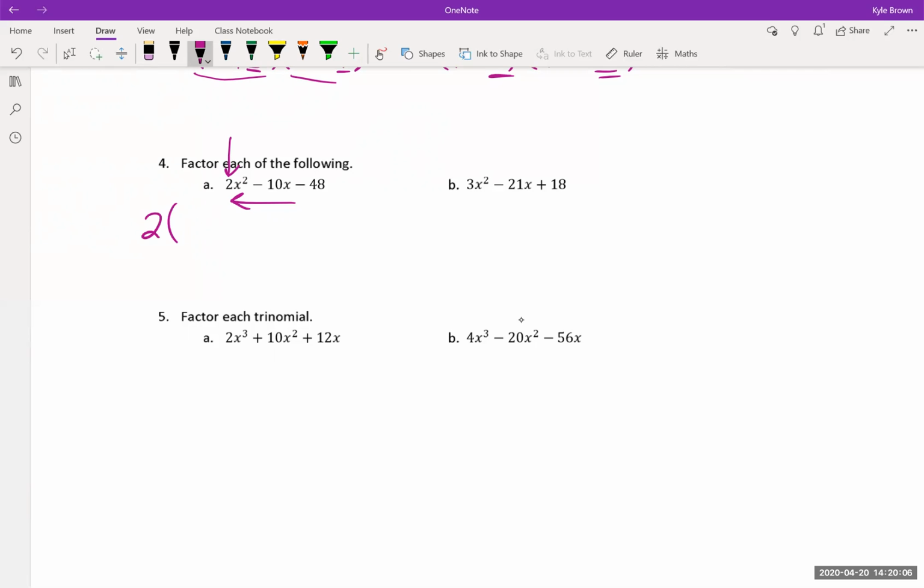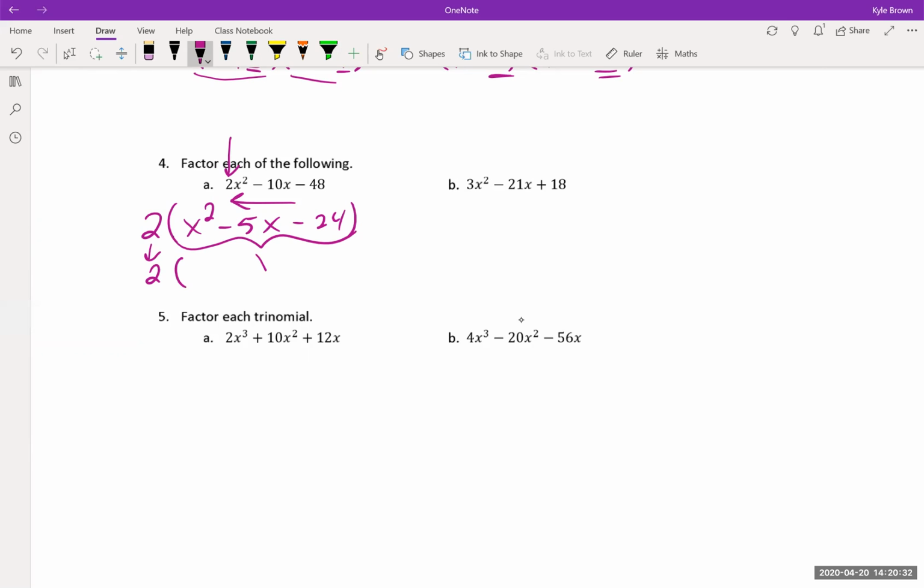We'd have x squared after we took that out. And then negative 10 divided by the 2 we took out is negative 5x. And then negative 48 divided by 2 is negative 24. All right, so that actually made things a lot simpler, because now this 2 just kind of hangs out for the rest of it. So this is going to be 2, but then this part, I'm going to factor just like I did above.